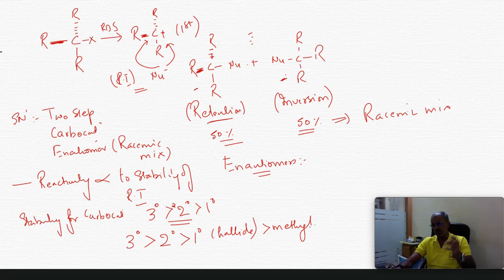As in the case of SN2, first was methyl, then primary, then secondary, and then tertiary. But here it is the opposite way now, right? Because in a carbocation, which is a positively charged species, the alkyl group R is an electron donating group, and the more the electron is donated to the carbocation carbon atom, the more is the stability. So obviously tertiary will give me the more stable one.